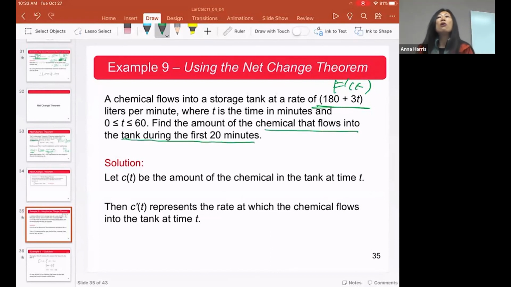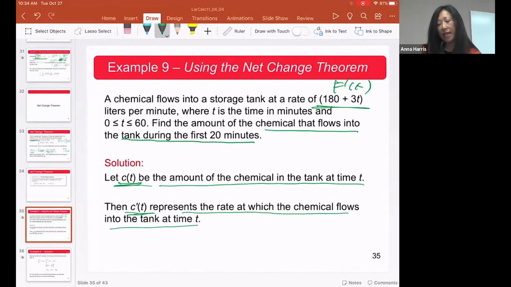I want to know the net change between 20 minutes and 0 minutes. So for 20 minutes, the chemical is going into the tank. I want to know how much chemical is in the tank, in other words. Now let C of t be the amount of chemical in the tank at time t, and C prime of t represents the rate at which the chemical flows into the tank at time t.